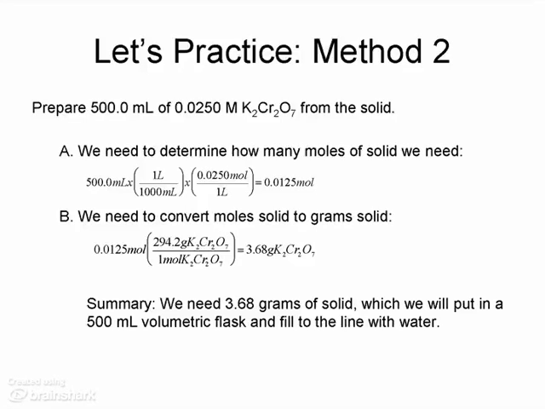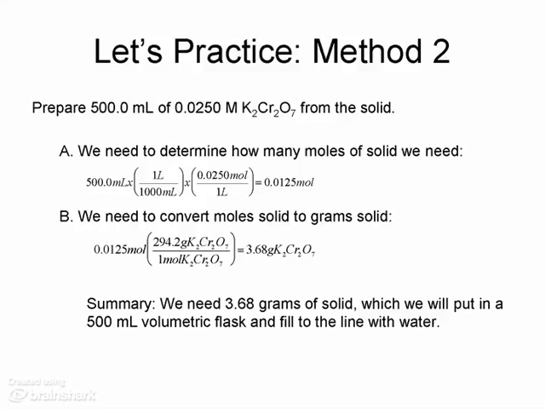So the problem is that we want to prepare 500 milliliters of 0.0250 molar potassium dichromate starting with the solid. So the first thing that we need to do is determine how many moles of solid we need. So the way that we do that is we multiply the volume of solution, so 500 milliliters.